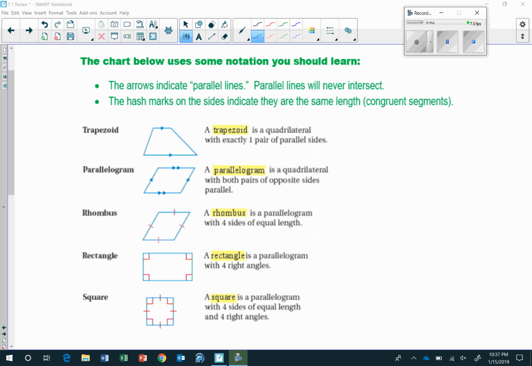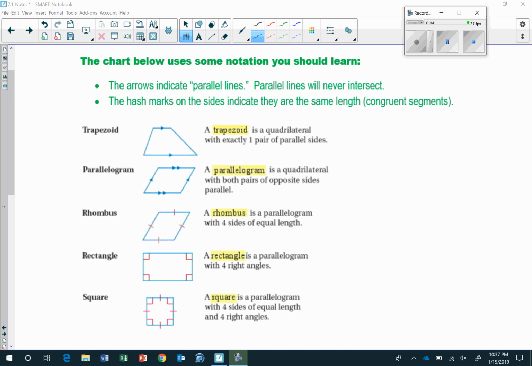Now on the next page of notes, it says the chart below uses some notation you should learn. I already touched on this a little bit, but it says the arrows indicate parallel lines. Parallel lines will never intersect. So if you look at the trapezoid and the parallelogram, you've got parallel lines on there. The hash marks or the tick marks on the sides indicate they're the same length, or they're congruent.